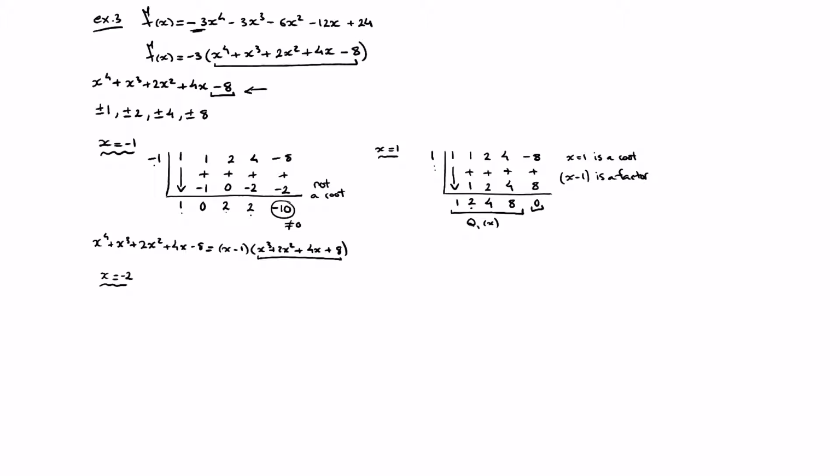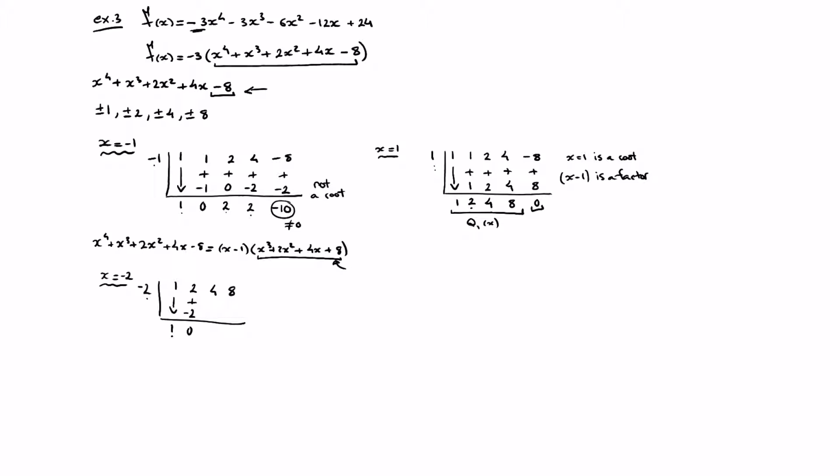So remember, we're working with this polynomial q1 of x. Its coefficients are 1, 2, 4, and 8. So carrying down the 1, negative 2 times 1 is negative 2. 2 plus negative 2 is 0.